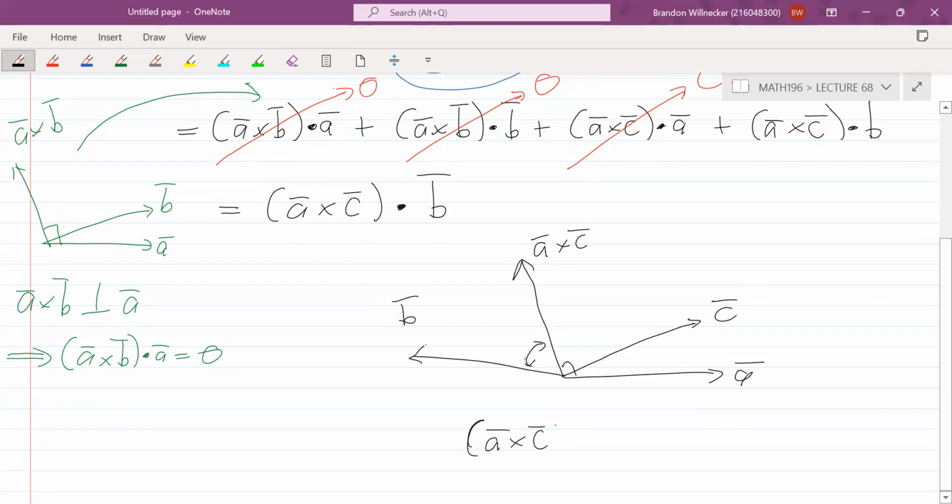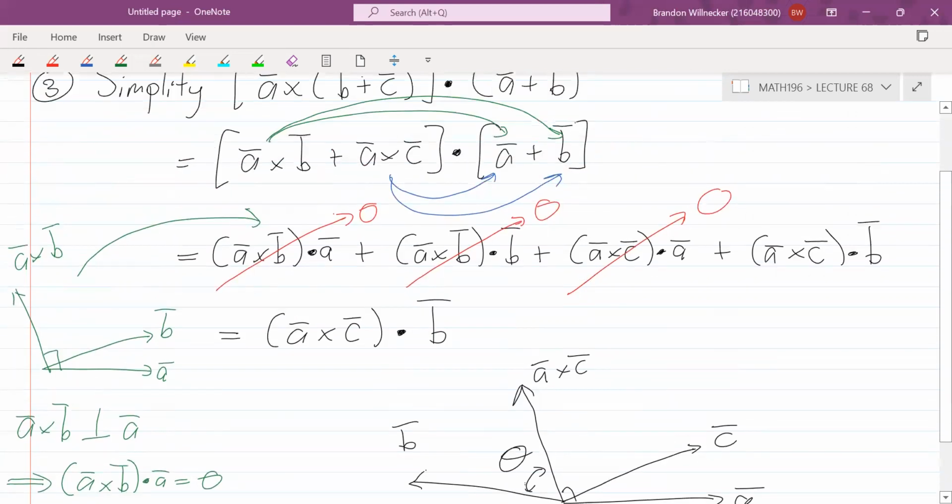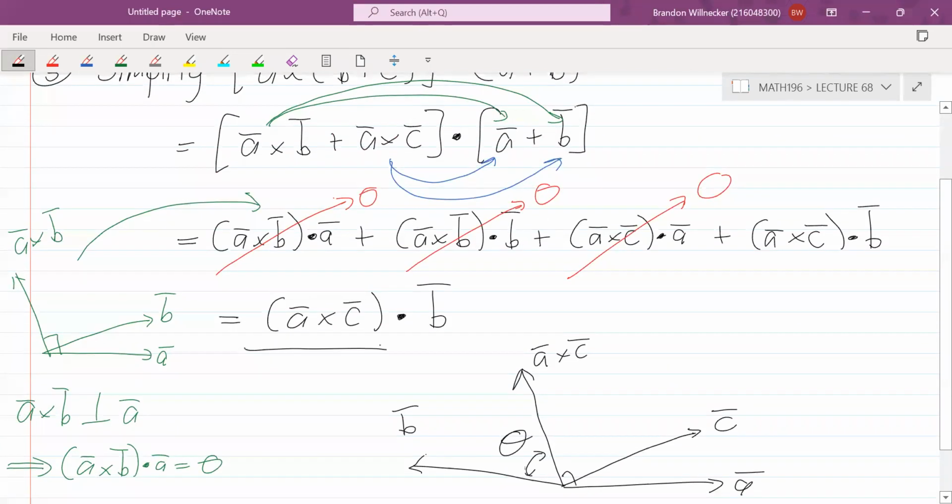So A cross C dot B is some real number depending on what this angle is. Okay. So if the angle is 90, then it's going to be 0, but there's nothing that says it should be 90. Okay, so this is non-zero in general. Okay, does that answer your question?